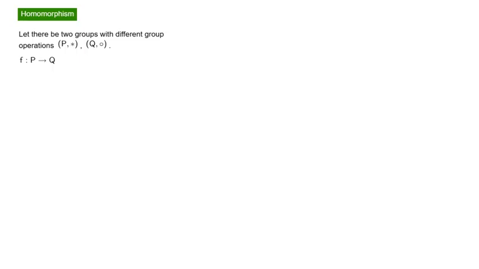So here F is the homomorphism, and there is a condition attached to it. So F is called a homomorphism. It's not a simple function.